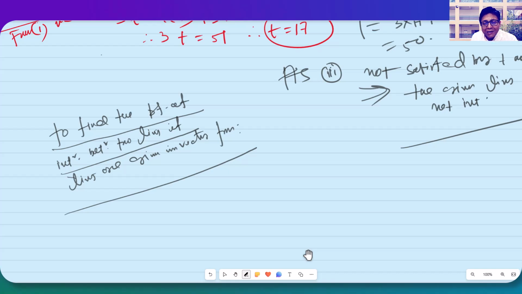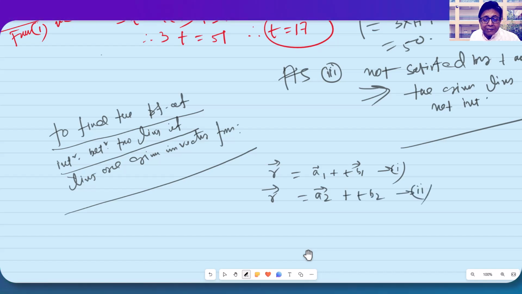So vector form means the first one you can write R equal to A1 plus TB1, a point is A1 and directed along B1. Second line R equal to A2 plus SB2.